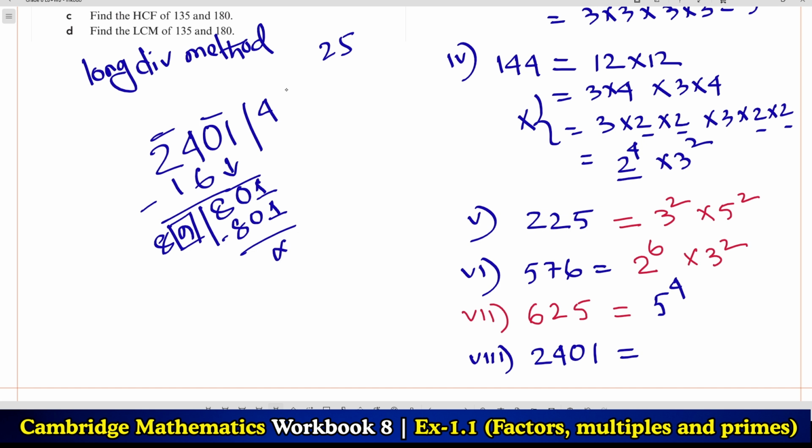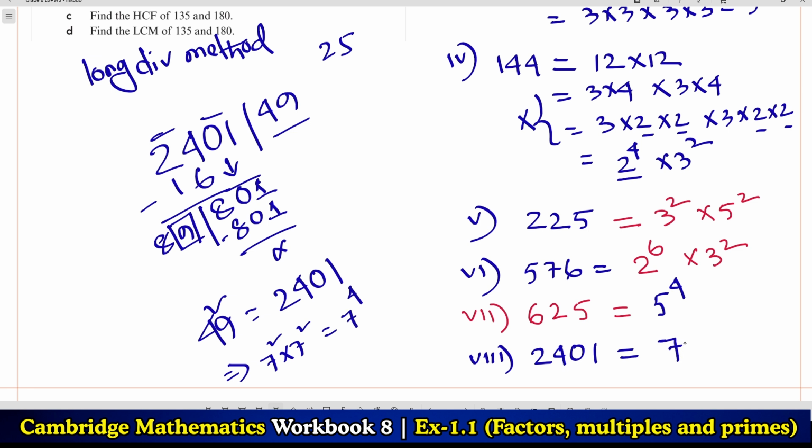Okay, so the result is 49. So 49 squared is 2401, right? So 49 means 7 squared. So 7 times 7, so squared and squared. So finally we will get 7 to the power 4. Here 7 to the power 4 is our ultimate answer.